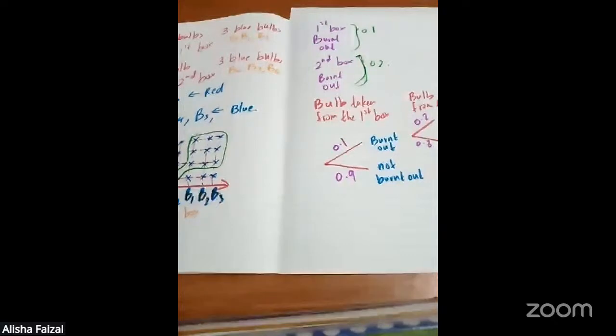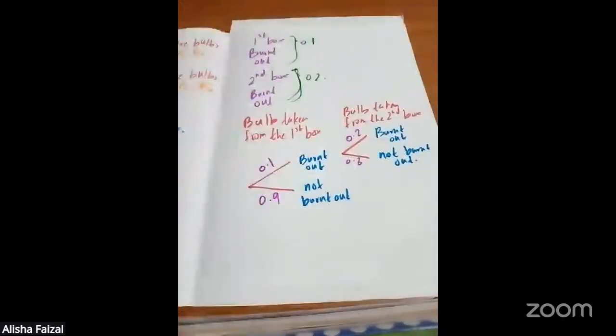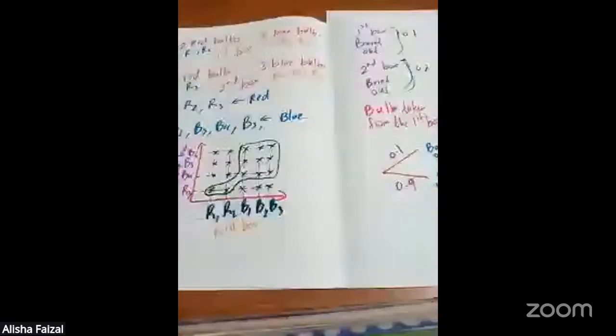Is it confusing? The first one, the burnt out. You're asking about the fraction form. Whatever fraction we write, the probability will be something over 20, because there are 20 outcomes.